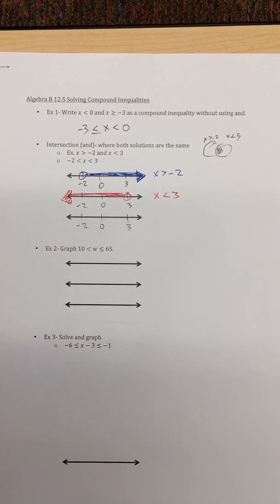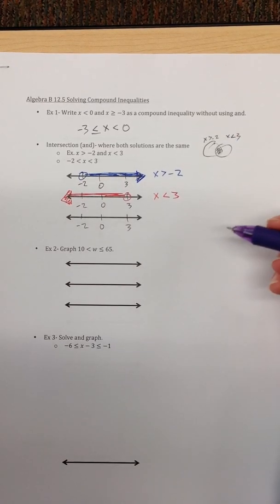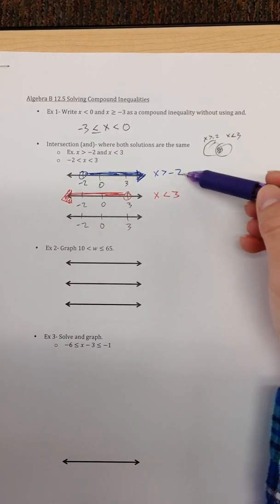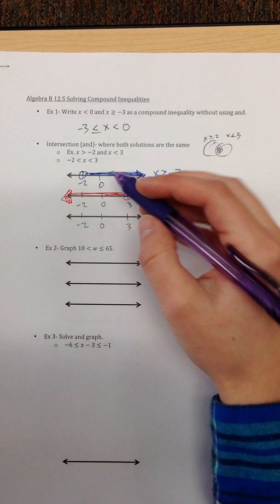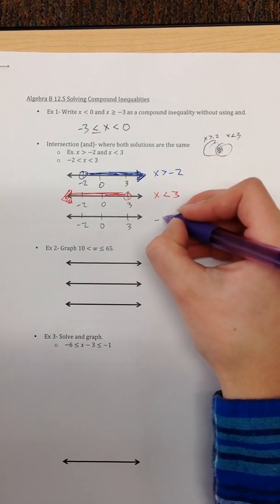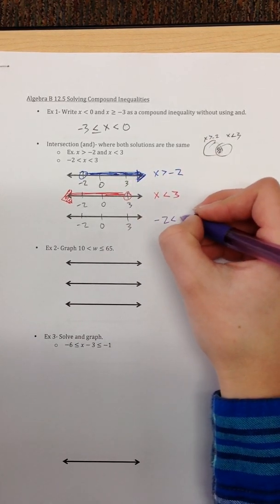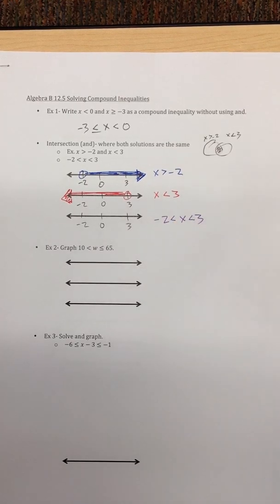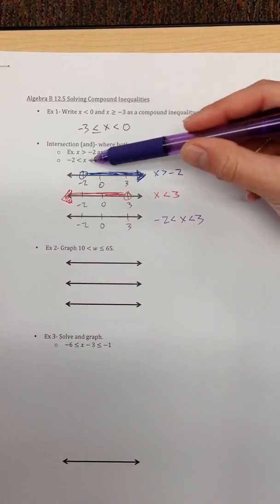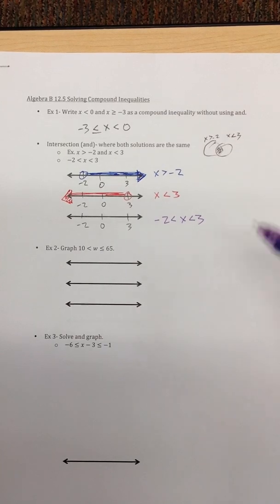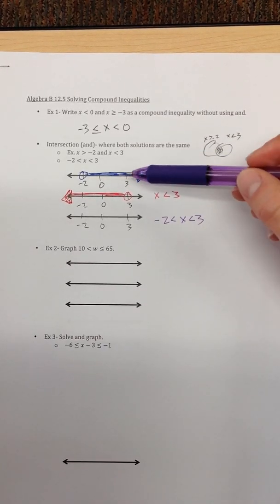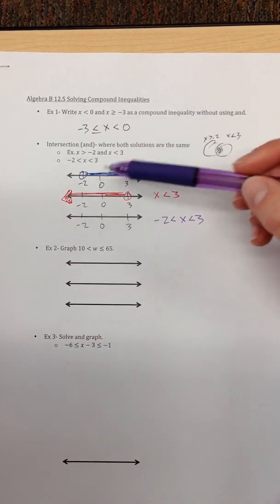And then for the last one, we're combining those two graphs. You want to see what numbers are in this graph and also in this graph. So this one is going to be negative 2 is less than x, less than 3. Basically they just took these two individually and combined them together all as one. Now when we graph it, we're taking the spots where it crosses or intersects.